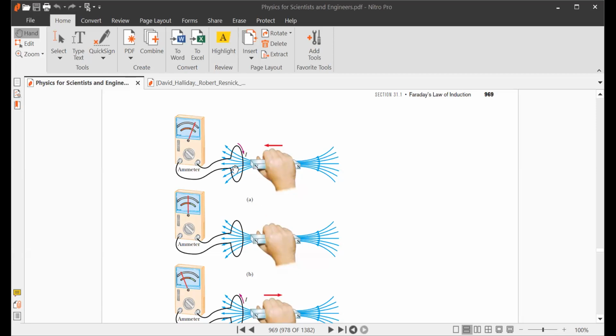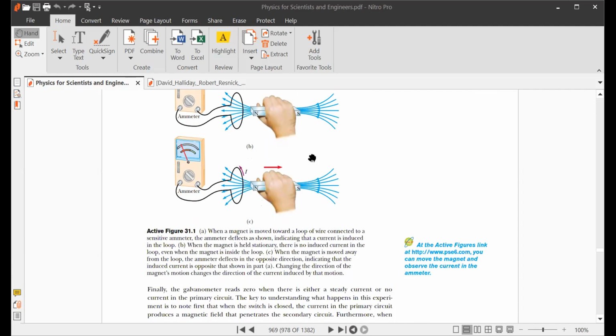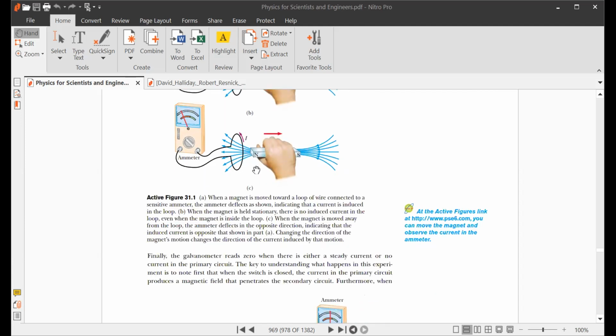The direction of the induced magnetic field is against this magnetic field, so it produces a magnetic field with the same pole. This is N and this should also be N. But if you move the magnetic rod away, the current will flow the other way around, and the induced magnetic field becomes the south pole.